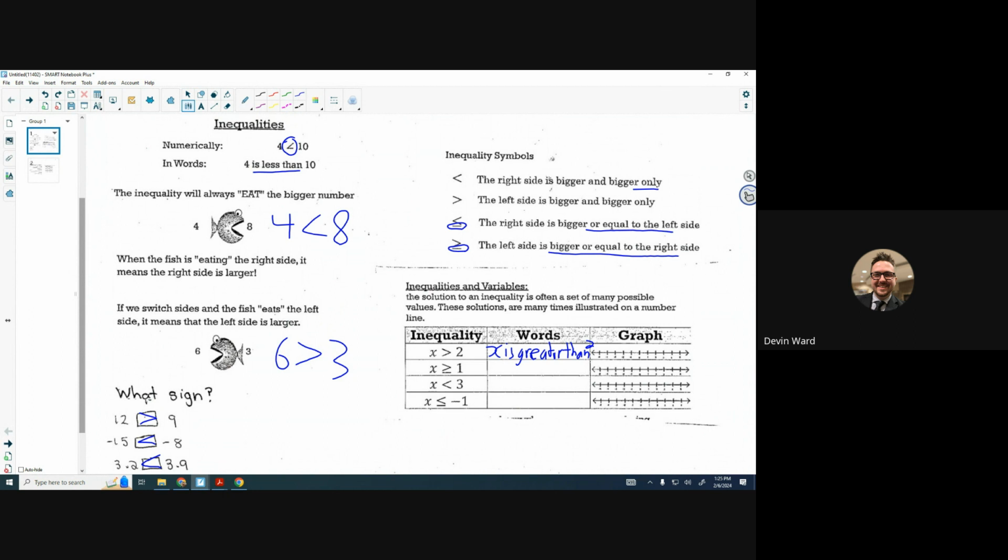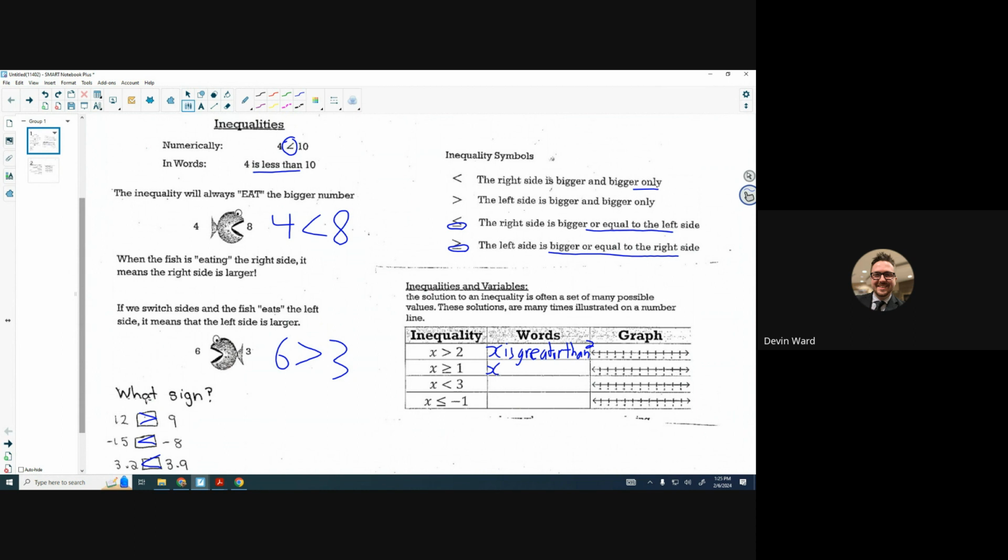So on a number line, I need to find 2 to be right here. I do a solid dot, and then x is always going to be bigger than 2. Sorry, we're going to wait to do that one on the number line. First, we're going to do this one: x is greater than or equal to 1.